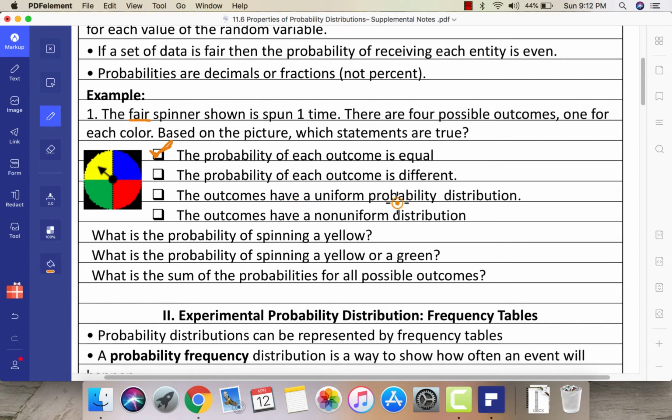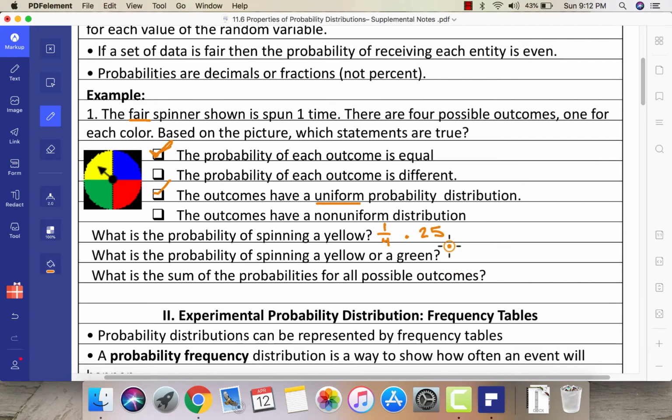The outcomes have a uniform probability distribution. Uniform means as likely, the same. So yes. The outcomes have a non-uniform distribution. No. All right. What is the probability of spinning a yellow? Well, it'd be 1/4 or 1 out of 4, or 0.25.